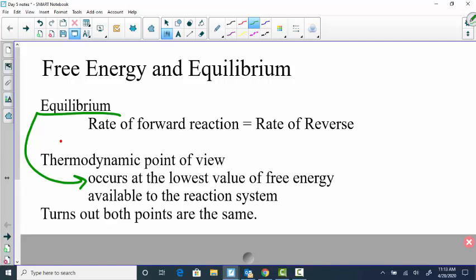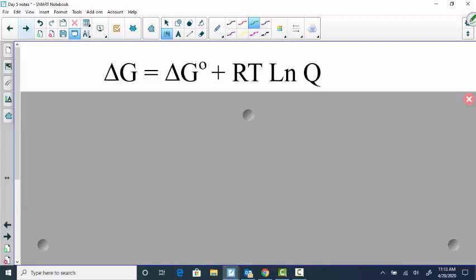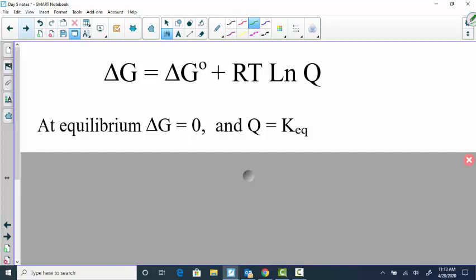Now, I know that that's not going to mean diddly squat to you, so we're just going to jump forward. So what we have is this equation that we just developed for free energy at any conditions. But now, if we get very specific and say we want the equilibrium condition, well, the free energy at equilibrium is equal to 0. And if we're at equilibrium, then Q is actually the value of the equilibrium constant.